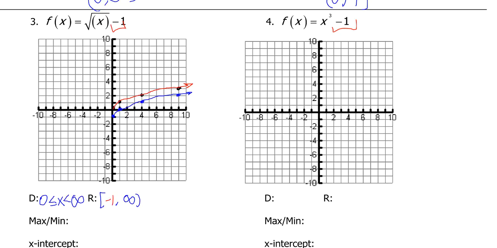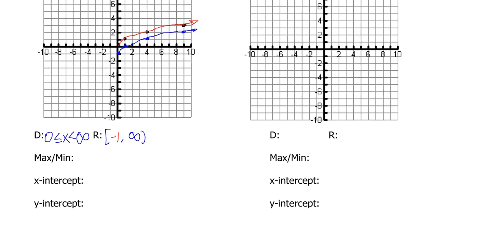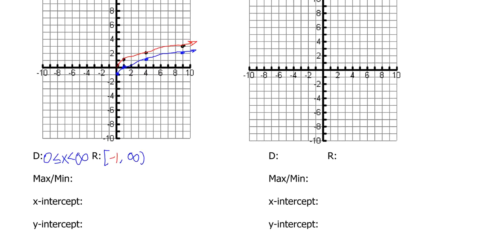Now, number 4. Let's see what's going to happen. Oh, let's go ahead and finish up number 3 with the max and min and everything. Whoopsie. Slightly out of my view. So the minimum of this function, as we can see we have a minimum, is going to occur at 0, -1.